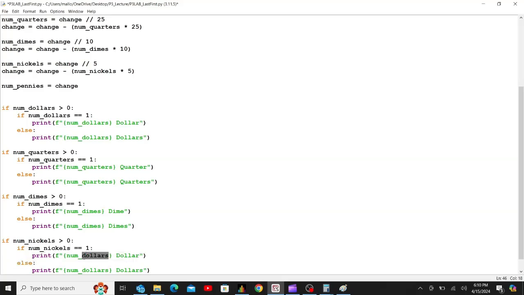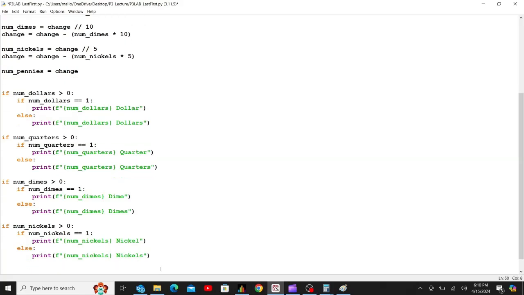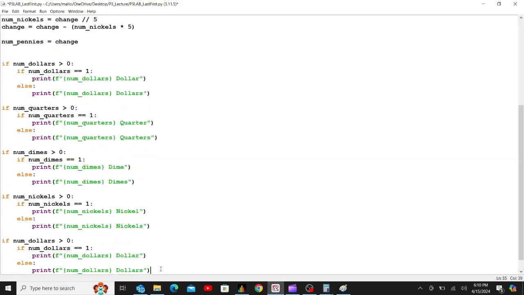Make sure you change it in every spot. Make sure you change the strings that print out. And I need to do it one last time for my pennies.